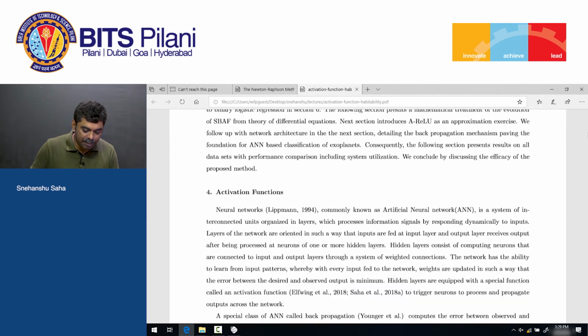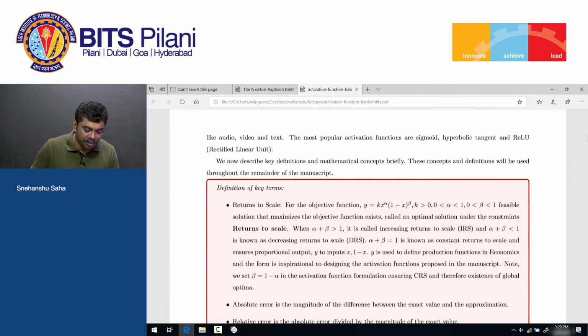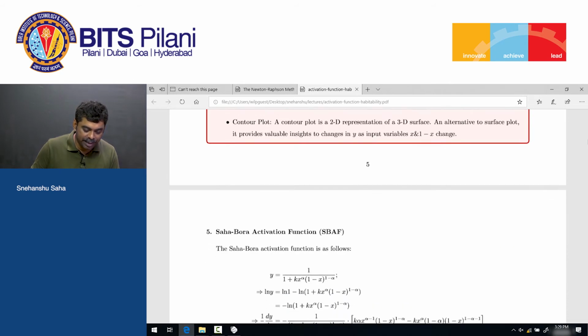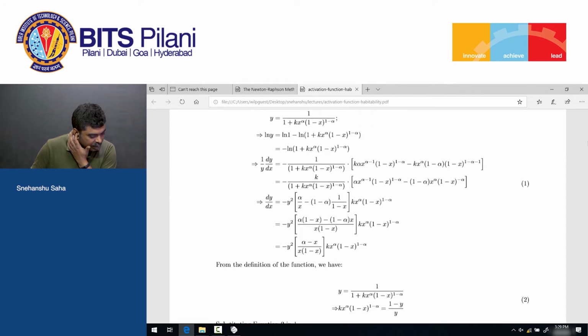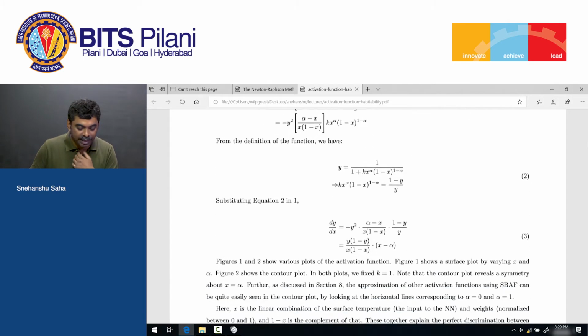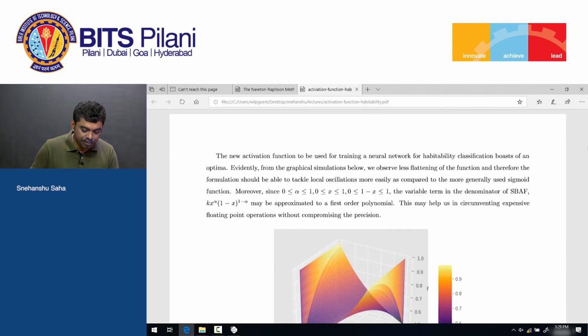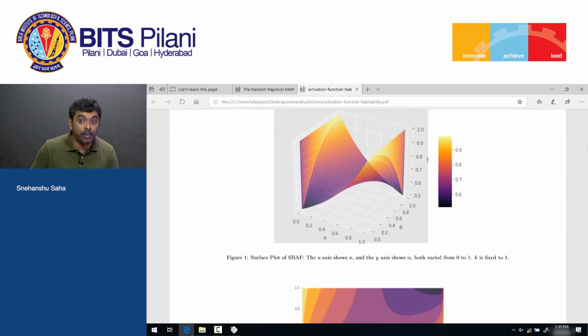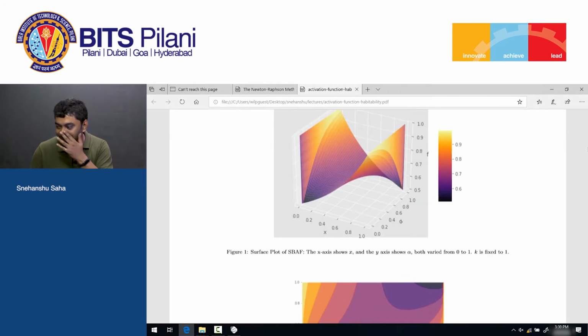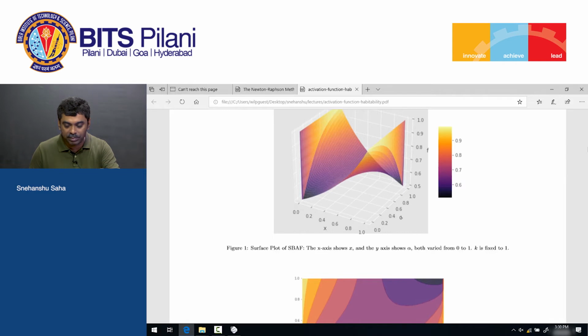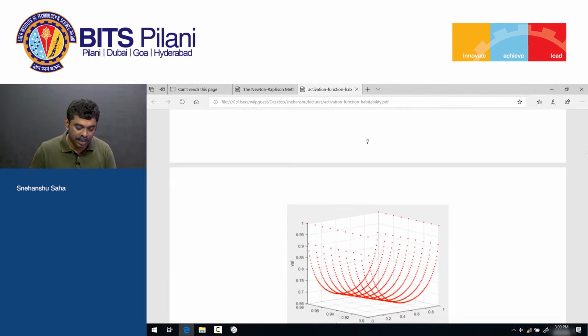Remember what I told you: computing the second derivative is really cumbersome, so we skipped it. But I can show you very easily, from these contour plots of the function, that when the value of k is fixed to 1, you can achieve a minima.